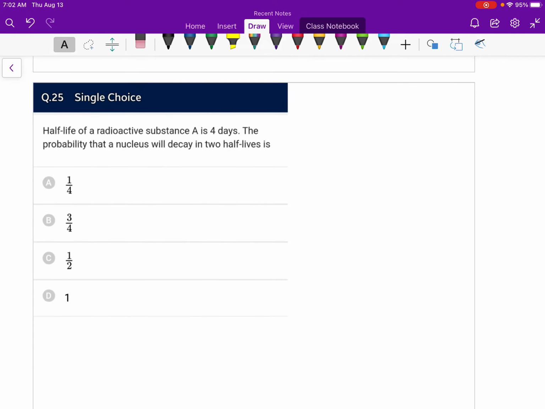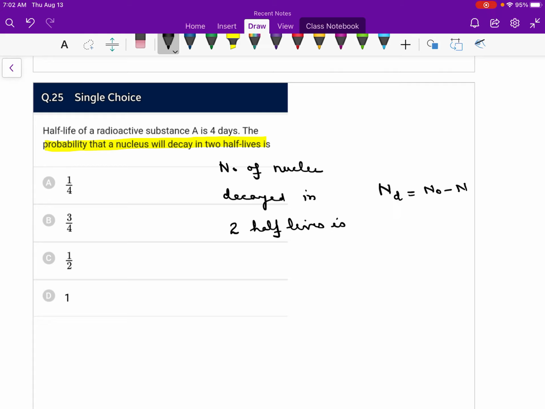Half-life of a radioactive substance is 4 days. The probability that a nucleus will decay in 2 half-lives? So the number of nuclei decayed in 2 half-lives, N decayed, is N naught minus N naught by 4, that is 3 N naught by 4.